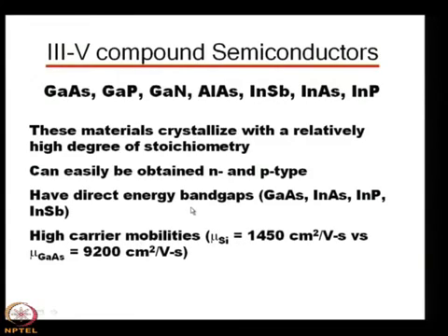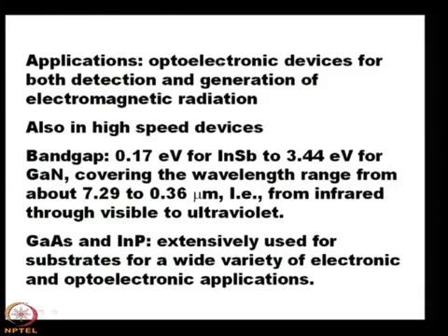So, we see that obviously the III-V compound semiconductors had certain advantages over silicon for optoelectronic devices. Now, as mentioned earlier, the applications of these materials are in optoelectronic devices for both detection and generation of electromagnetic radiation.